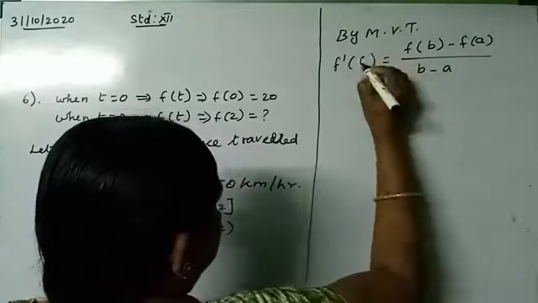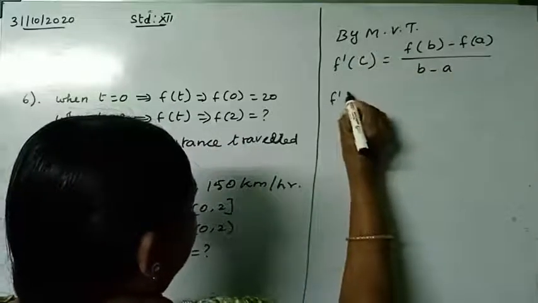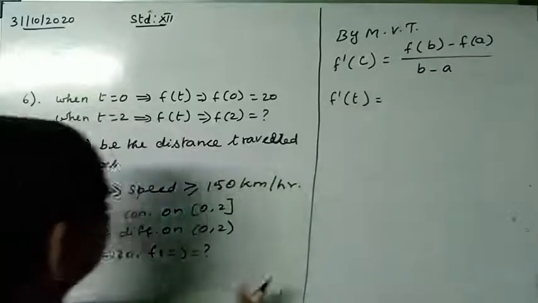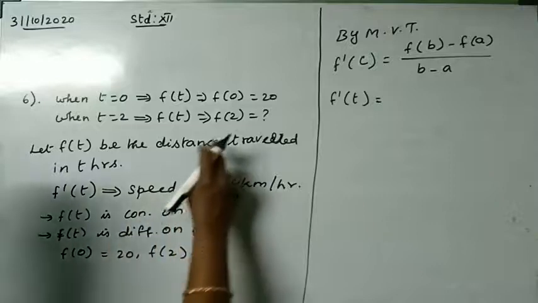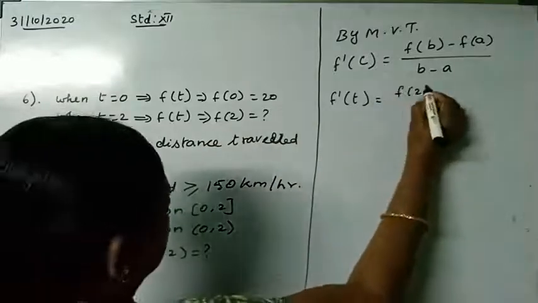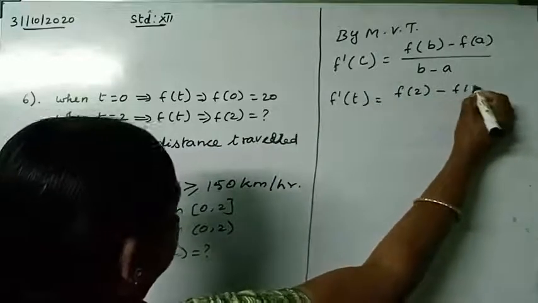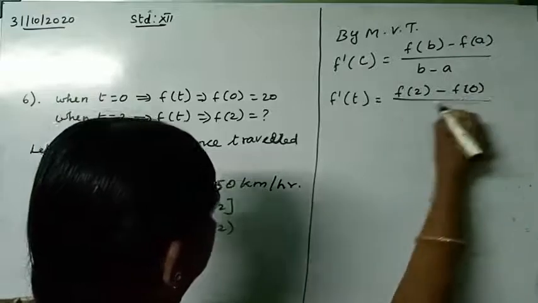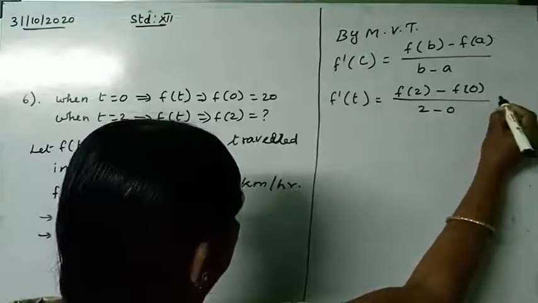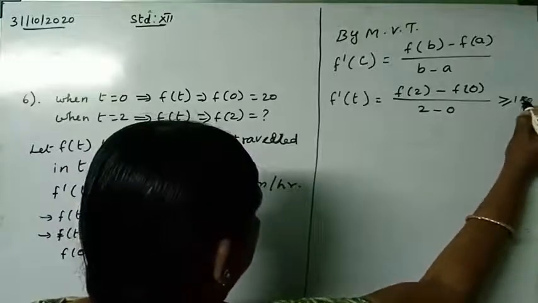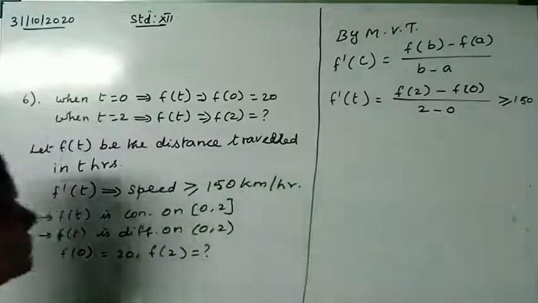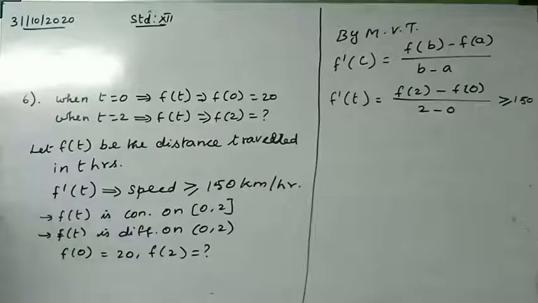So f dash of t is equal to f of 2 minus f of 0 divided by 2 minus 0, which is not more than 150 km per hour. So I am taking the inequality like this.